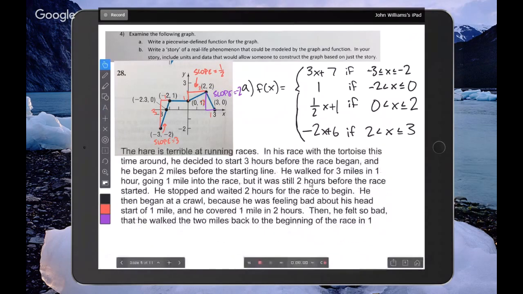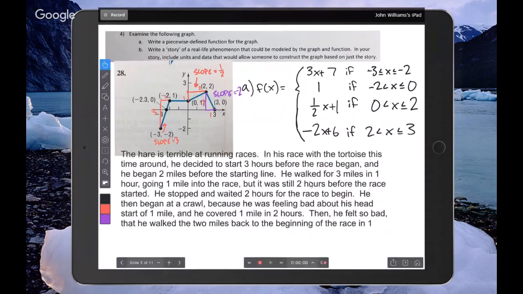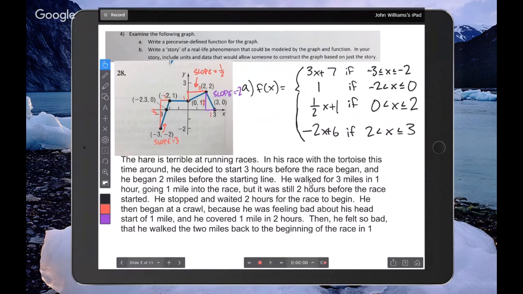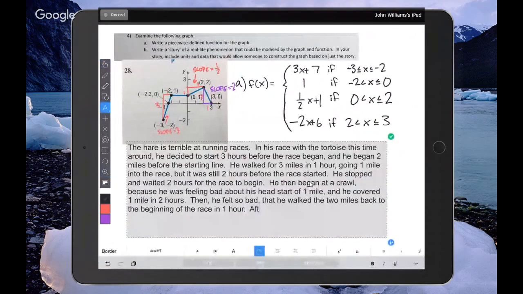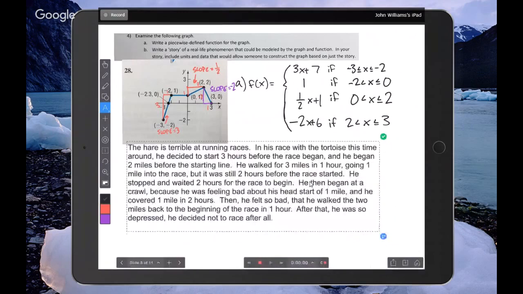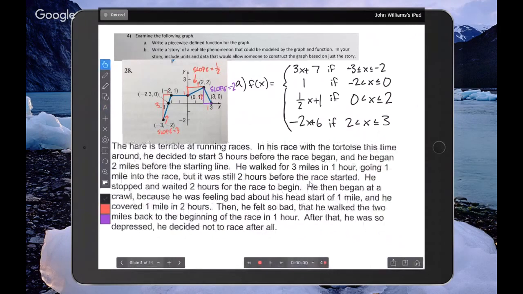Yeah, so your story doesn't have to be particularly good, and it doesn't have to make all that much sense. The graph. And I'm going to say, after that, he was so depressed, he decided not to race after all. Cool.